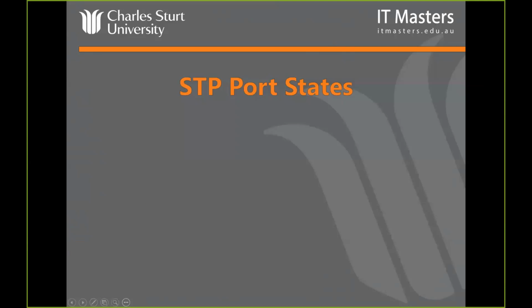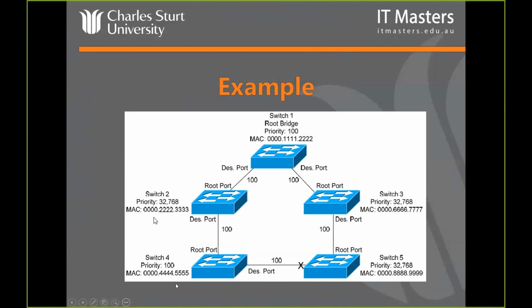So in this case, if the root bridge went down, they would go through the election process again, and switch 4 would be elected as the root bridge because it has the lowest priority. If it was to also go down, then the other 3 switches would have a tie because they're all the same priority. Therefore, switch 2, because it's got the lowest MAC address, would then become the root bridge, and so on and so forth. Once one goes down, the election process just goes through again. Good question.